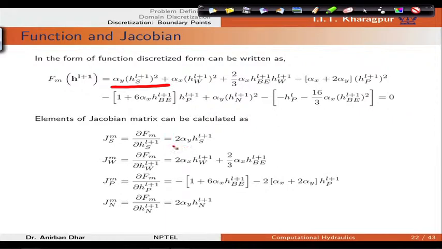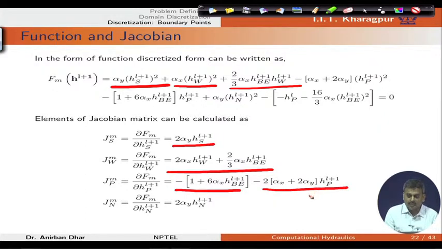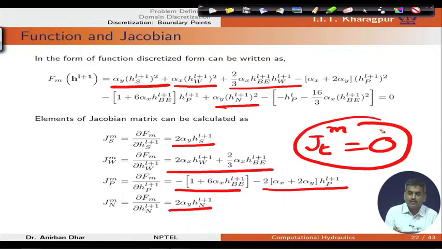This is 2 alpha y H_S, J_W, this is 2 alpha x, again 2/3 H_B_E, this will be there, H_P, which is exactly the same, 2 alpha x plus 2 alpha y H_P, and finally we have H_N, but no H_E, in this case this is 0. We should remember this should be 0 in this case, because we are considering the right boundary.